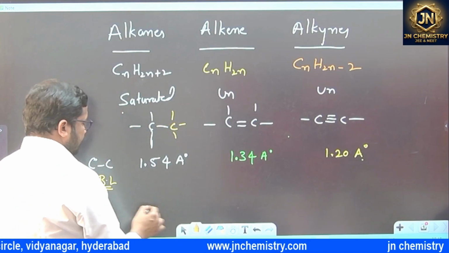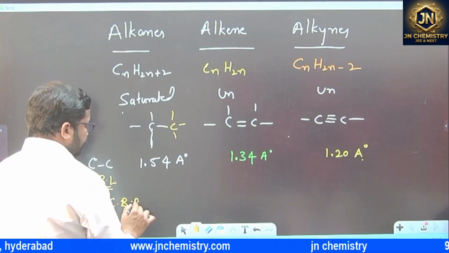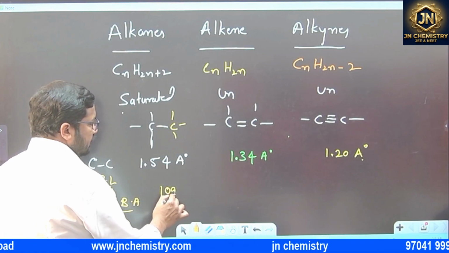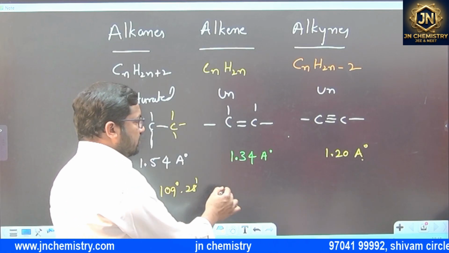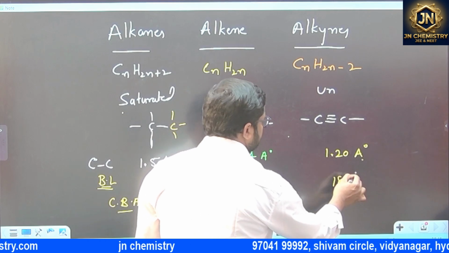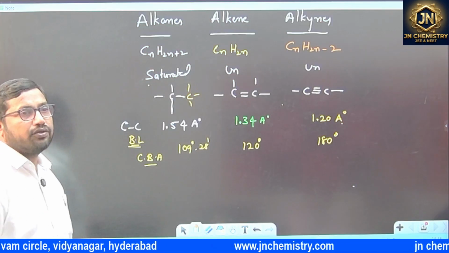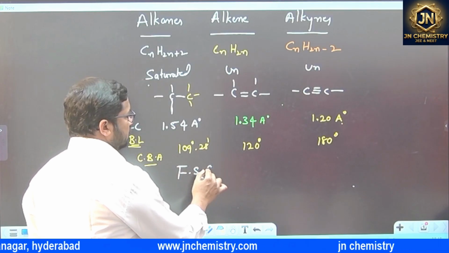And the bond angle: 109 degrees 28 minutes, then 120 degrees, then 180 degrees. Generally, alkanes undergo free radical substitution reactions.